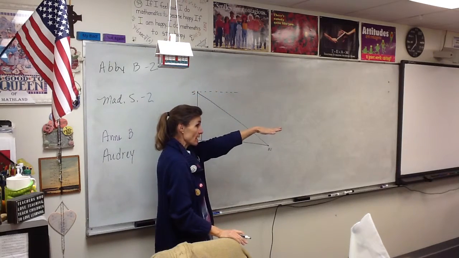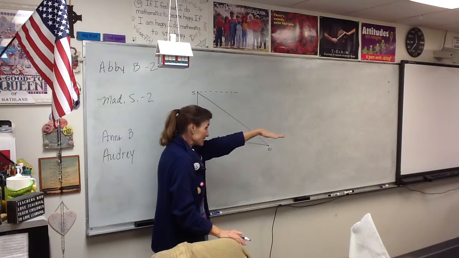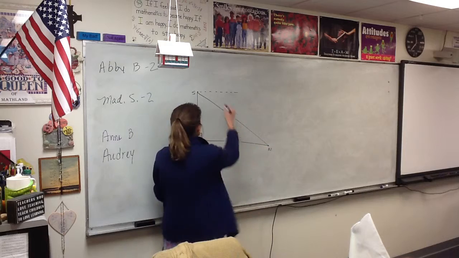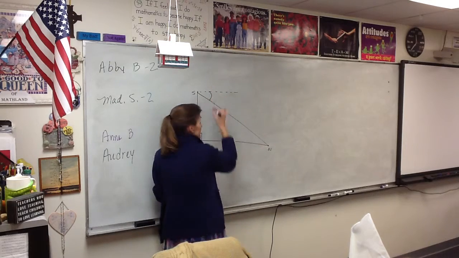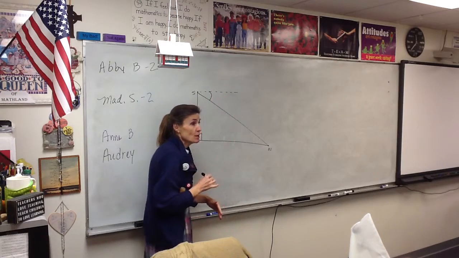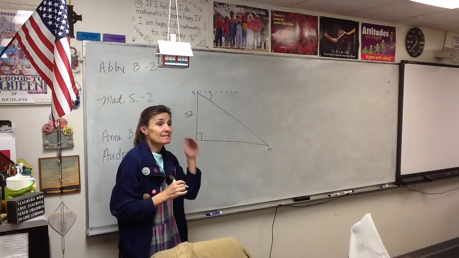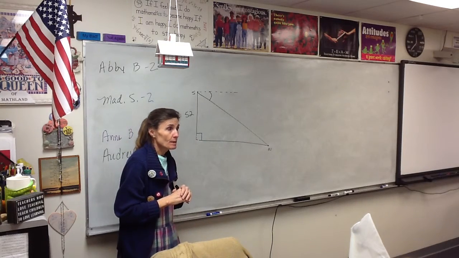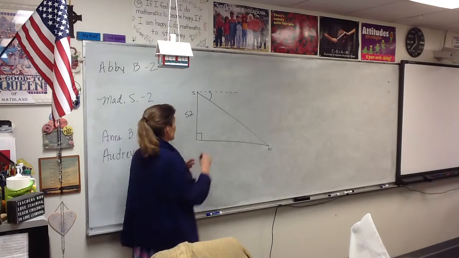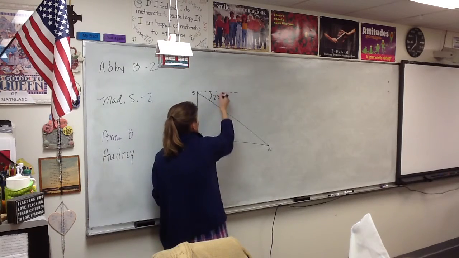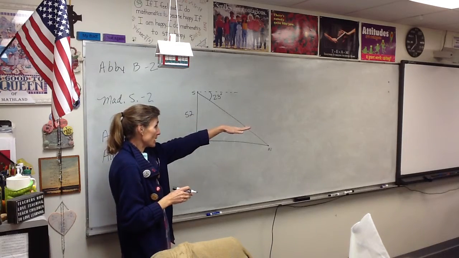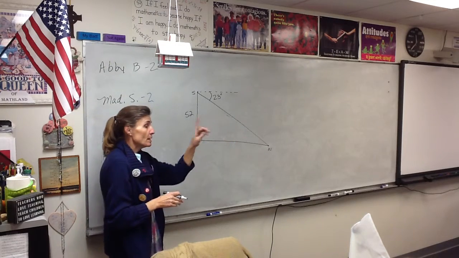When he looks down at the nut, that is his angle of depression. Notice it's not even in the triangle, right? But here's the good news. That's a 23-degree angle of depression. Starts looking straight ahead and looks down.